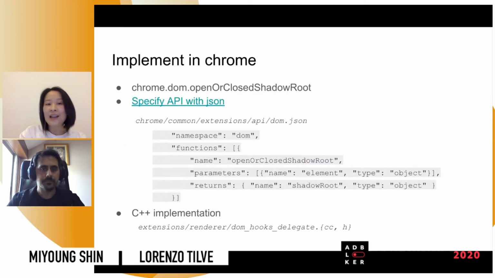So what did I actually do for the implementation in Chrome? First, I specified the DOM namespace and the openOrClosedShadowRoot method in JSON format. This file describes the API and the functions, events, types, and properties it contains.